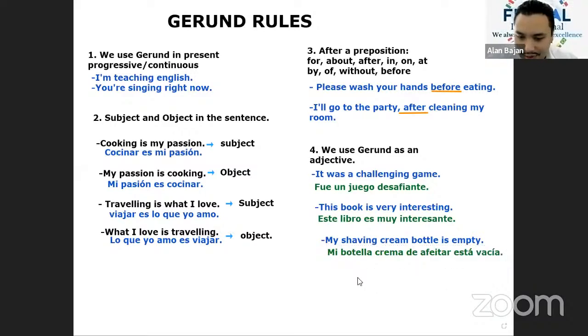And one very common. Let's go to the swimming pool. Swimming pool. We are using gerund as an adjective.